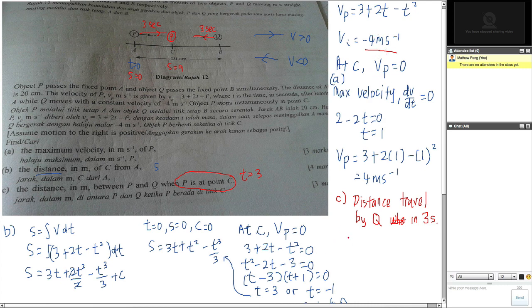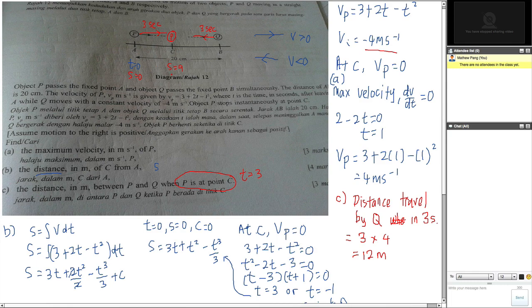So 3 seconds is simple. It's just 3 multiplied by 4. So you can know the total will be 12 meter. So if from here they travel 12 meter, we know this is 20, right? Minus 12, so it will stop somewhere here.